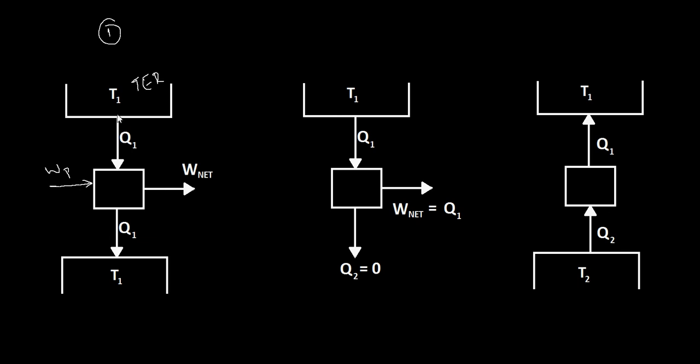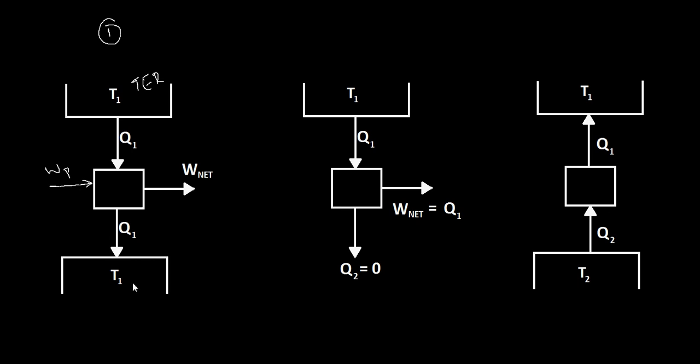So this is a complete system, but you can see a slight difference here. In the previous figure it was Q2 to T2, and I stated that T2 is always less than T1. But in this figure what is shown is Q1 from T1, and Q1 again is rejected to T1.